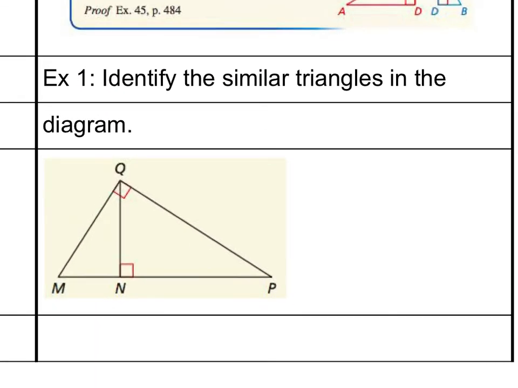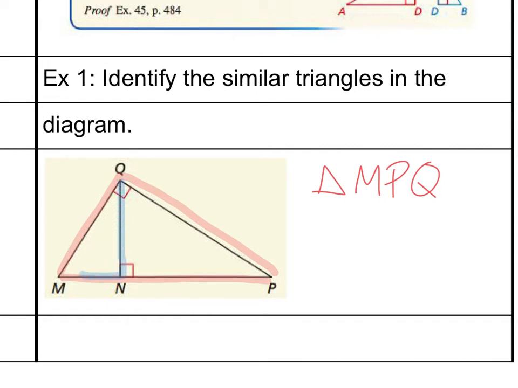So example 1 just says identify the similar triangles in the diagram, so it's pretty straightforward. We have the original triangle, which is MPQ. Then we have triangle QMN, sorry if I might not be putting these in the right letter order.